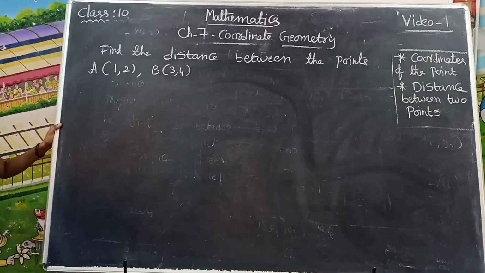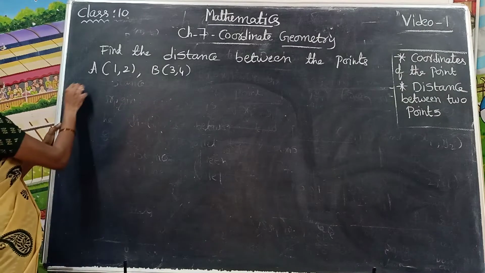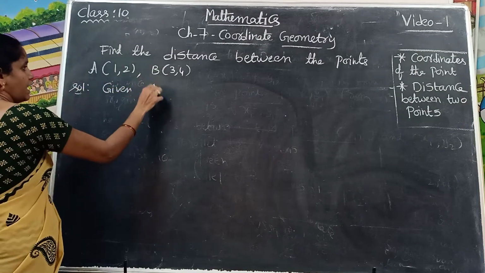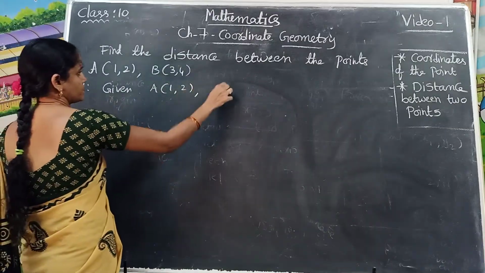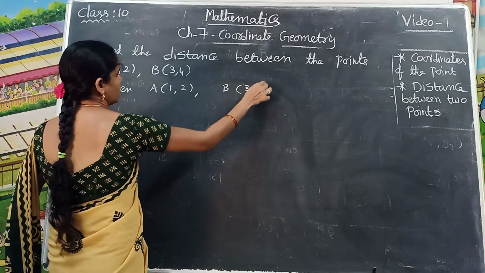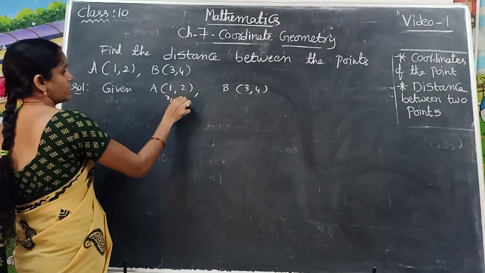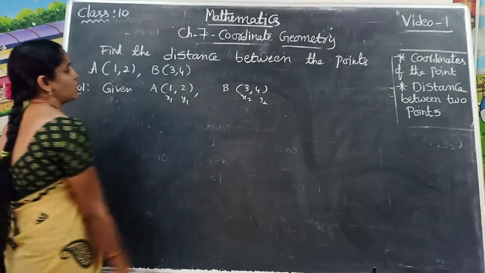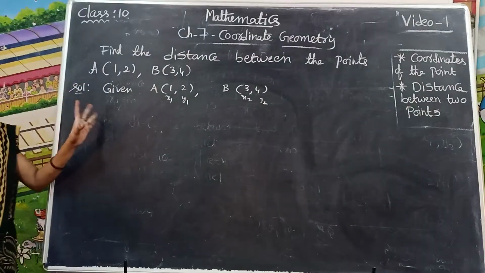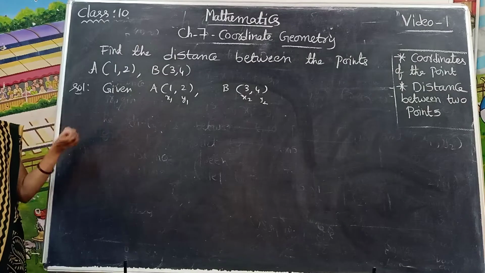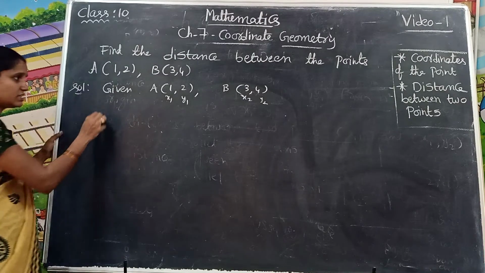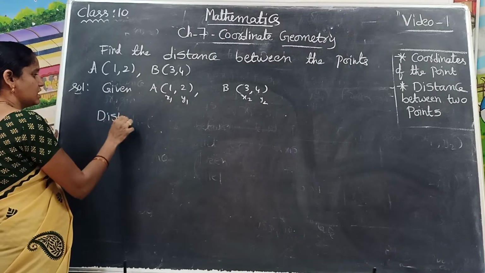How to find the distance between the points A1 comma 2, B3 comma 4. What is given? Given A1 comma 2, B3 comma 4. This one you take as x1, this is y1, x2, y2. What you observe here? It is not the distance from the origin. Here x coordinates are not equal, y coordinates are not equal.